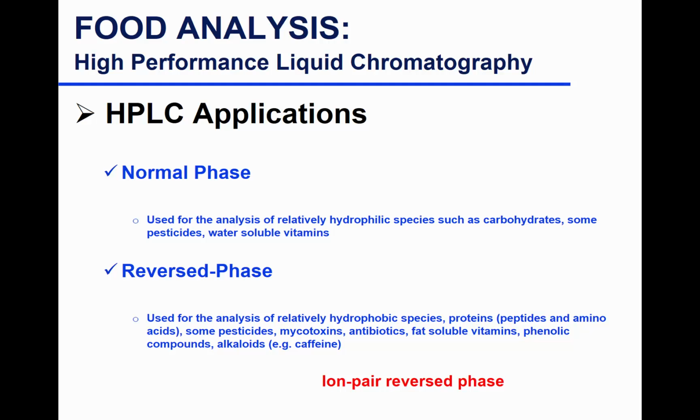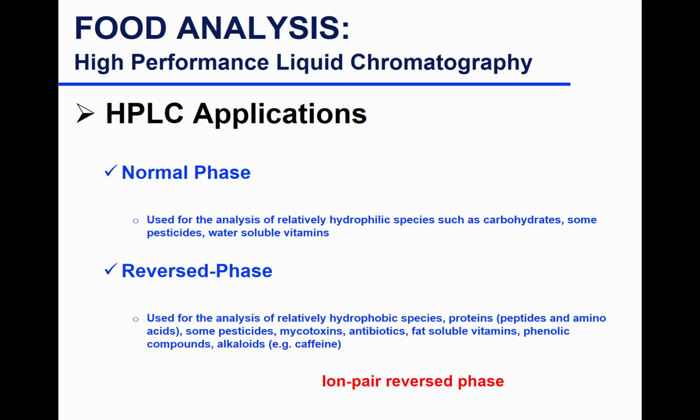All right. So you've heard me say this multiple times now, but the different applications of HPLC, for example, normal phase: you want to remember that you want your solute to interact with your stationary phase. That's the first step of separation. If it doesn't interact with your stationary phase, you're not going to get separation. It's going to go in your void volume. You don't want that to happen.